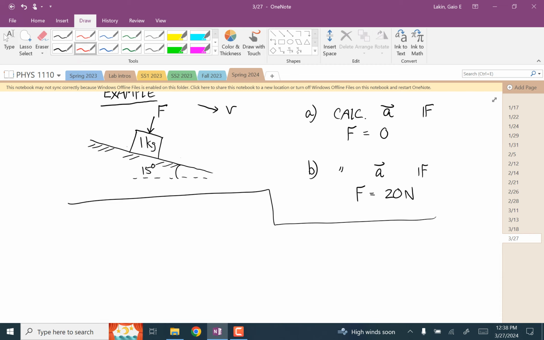Okay, so the coordinate system has the y-axis like that, the x-axis along the surface. So if that's the weight force, this angle is 15 degrees.